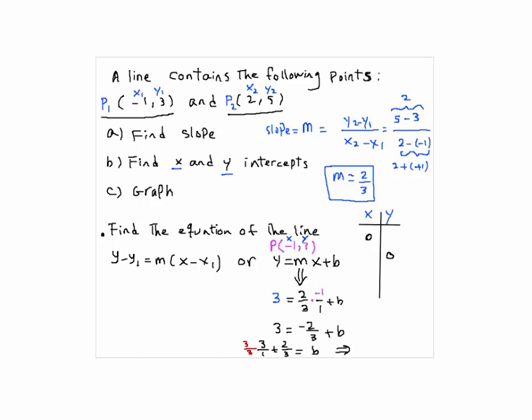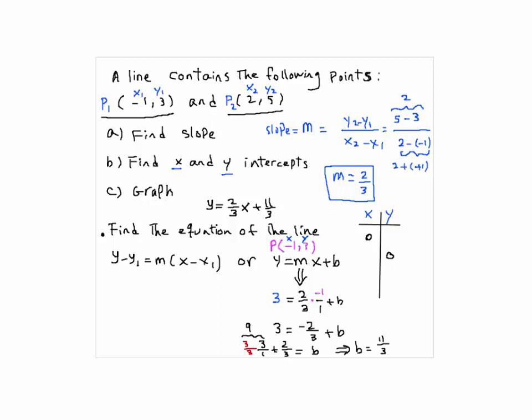So b would be equal to, this is 9/3 plus 2/3, 11/3. And we're done, because the equation of the line would be y is equal to, the slope is 2/3 x plus 11/3. This is how easy this method would be.